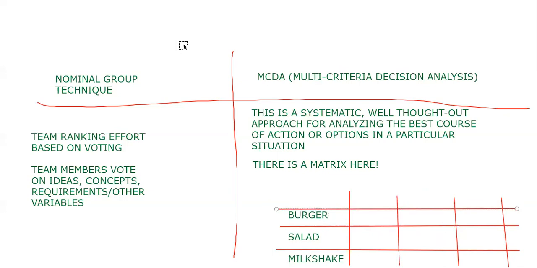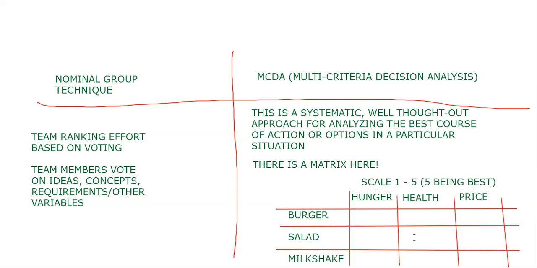How do you decide what to eat? It depends on hunger. That's one. Another criteria you may consider is health. Is it a healthy option? And another option you might consider is price. And your scoring model could be on a scale of 1 to 5, 5 being the best or the most favorable.